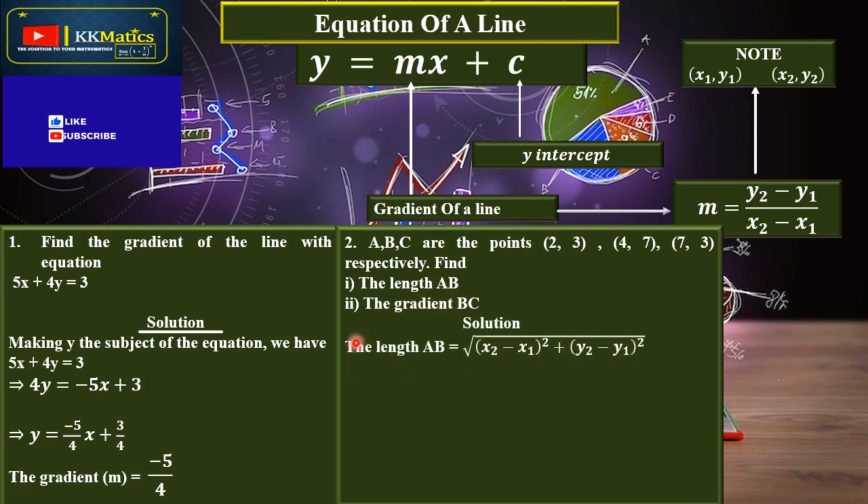The formula for the length, or the magnitude, of two points is this. We have the square root of the square of the difference of x coordinates plus the square of the difference of the y coordinates.